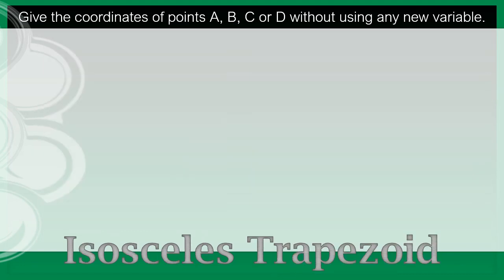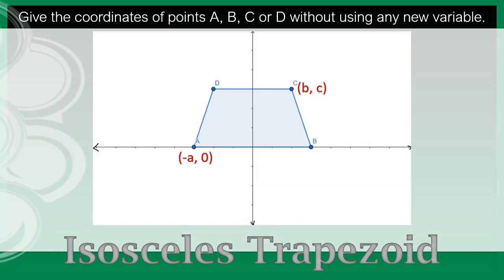Okay, last. How about the isosceles trapezoid? We can apply here the skills that we already discovered or applied in our previous figures, guys. Here, we all know that in an isosceles trapezoid we have one pair of congruent sides. So this one and this one are congruent.